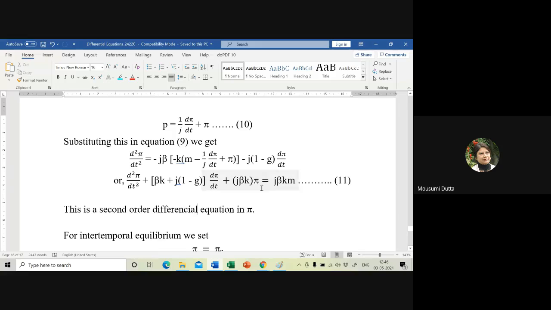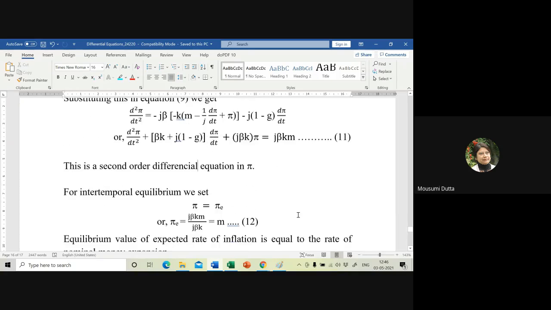Once we get the second order differential equation, as you know, we have to find out the intertemporal equilibrium. We set pi is equal to pi e. And if you set pi is equal to pi e, all your first order and second order derivatives will not be there. So you will have only this part.